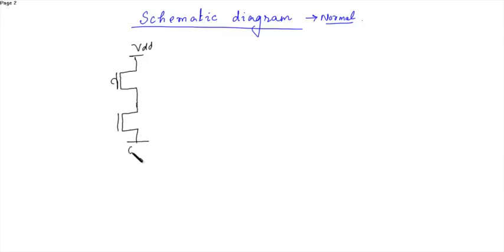This is connected to ground. Let's say this is select, then the obtained output will be select bar. This is, let's say, P1, this is N1.